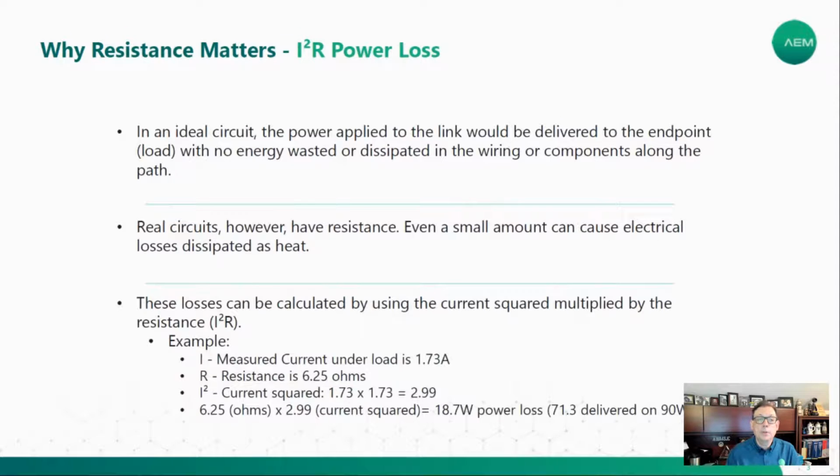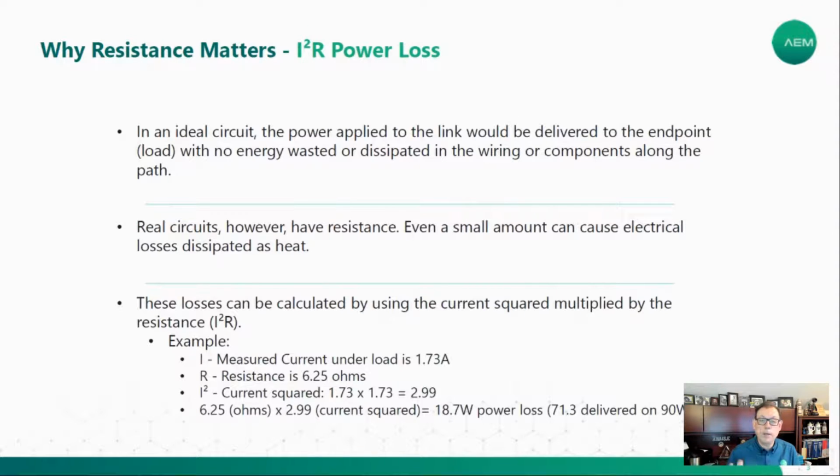And that's why when you see an initial PoE discovery test, we'll look at this in a moment, you're going to see a value called allocated power when you first discover the PoE. And that allocated power on a 90 watt is going to show up as 71.3 watts. And that number is actually achieved using the I squared R power loss calculation.